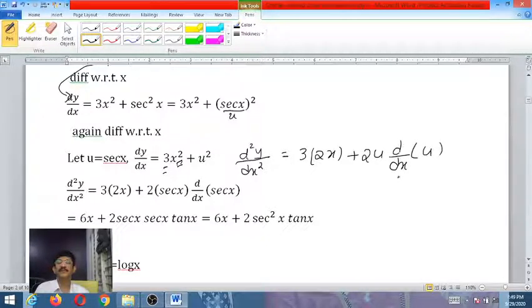What is u here? U is secant x. So 2 secant x into the derivative of secant x. We all know that the derivative of secant x is secant x into tan x. So this is the right answer.